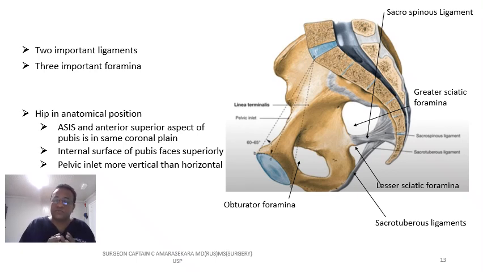So you should have a good understanding of these structures and this peculiar arrangement. In summary, the ligaments and foramina of the pelvis aren't just structural. They are gateways and anchors that define pelvic function and clinical access.